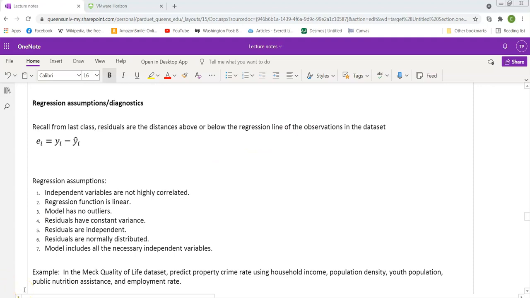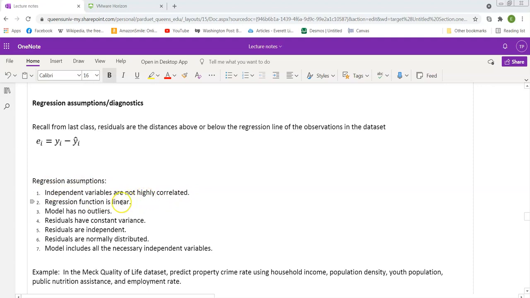So there are 7 regression assumptions we're going to need to evaluate, and we're going to go through these one at a time. I just have put them all here to start with so that you can see them. We want to know that our independent variables are not highly correlated with each other.